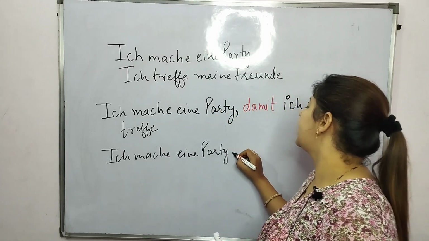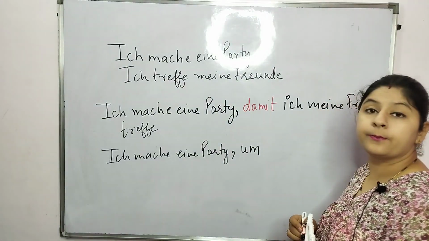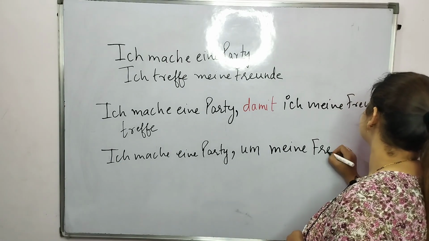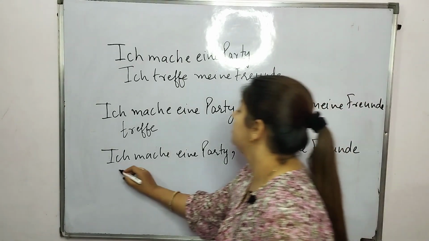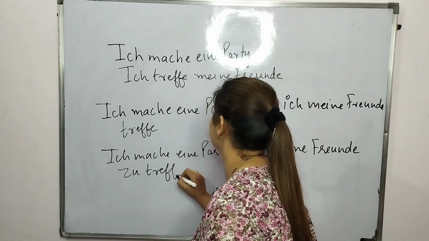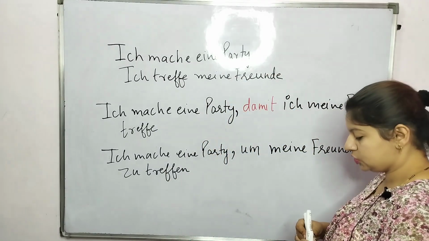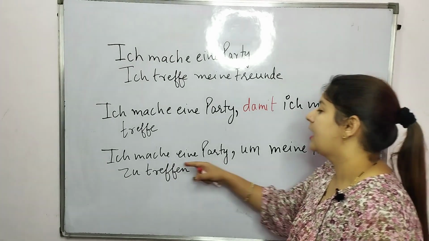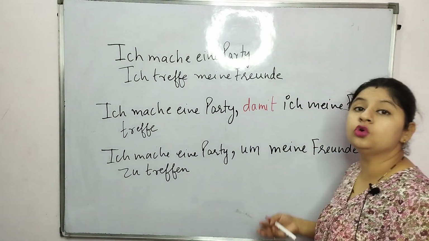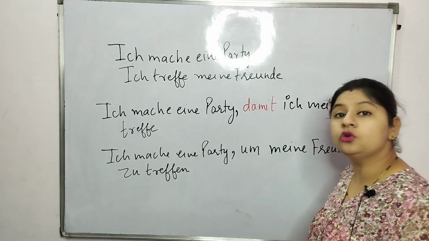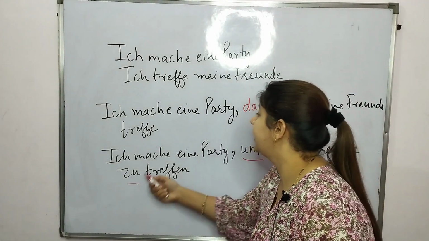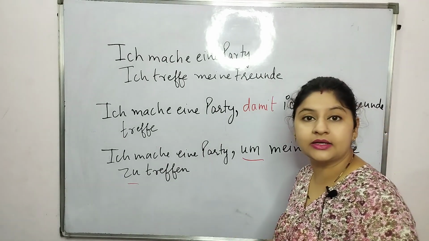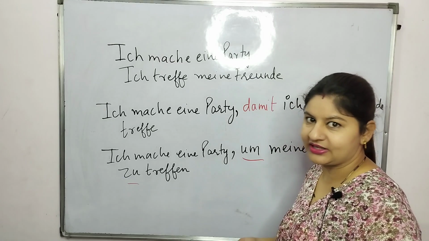In that case, the sentence should be: Ich mache eine Party, meine Freunde zu treffen. Here I was saying I am doing a party in order to meet my friends. But with damit, I am saying I am doing a party so that I meet my friends.